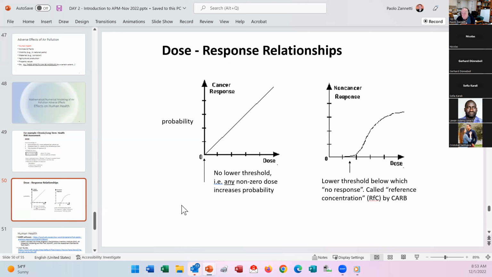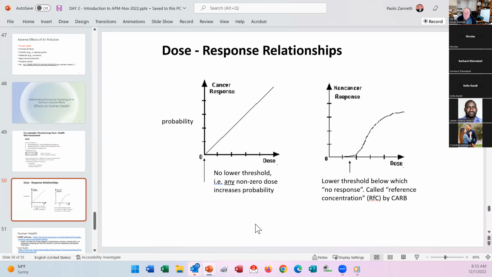If you start from 0, you are practically saying that even insignificant doses of air pollution can cause some cancer. And that probably is not the case. Of course, I'm not an expert in toxicology, but there is some common sense here that should be used.